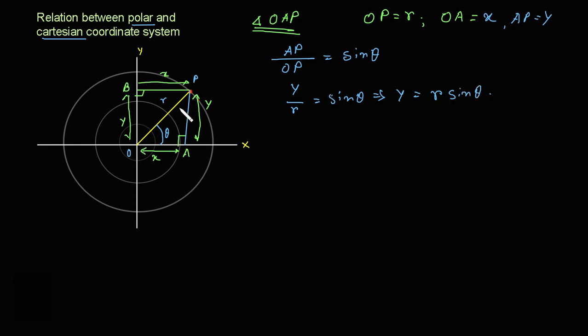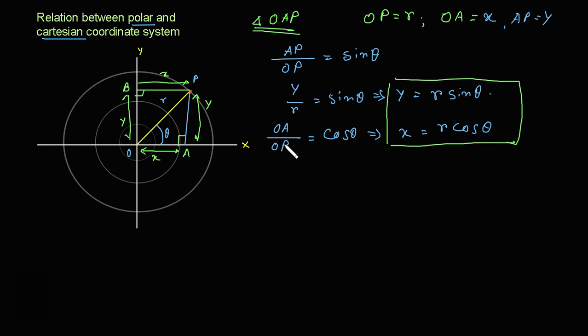In the same manner, if you write OA by OP, it gives you cos theta, and so x equals r cos theta. So we got two relations, but these are not sufficient yet. We can do something further.